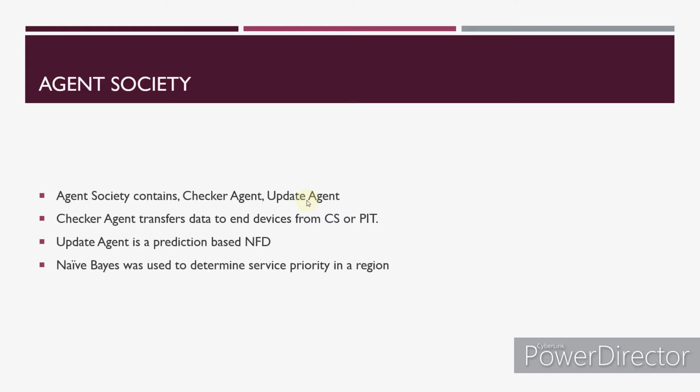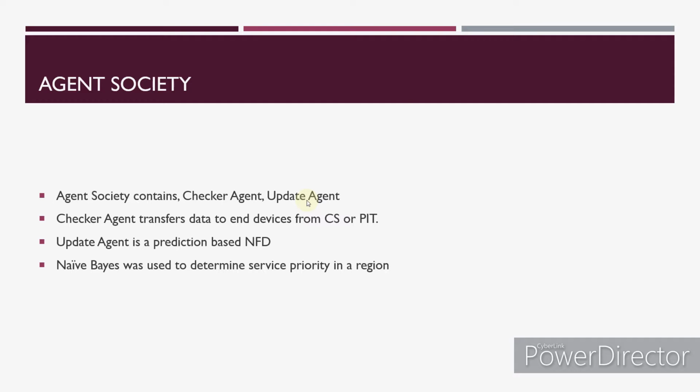Now, let's explain the agent society. The SOA agent layer, we are calling an agent society because it's made up of two agents. One is a checker agent, another one is the update agent. The checker agent usually transfers data to end devices from the CS or the PIT, and the update agent is a prediction based NFD.